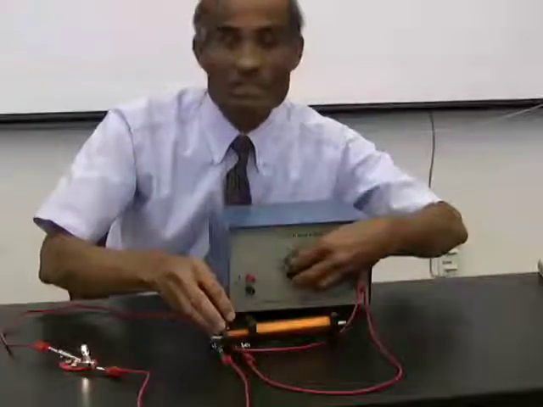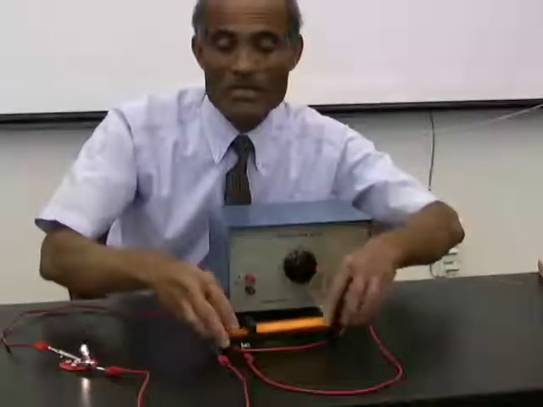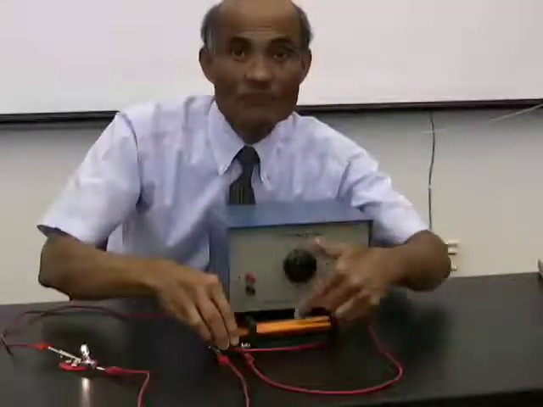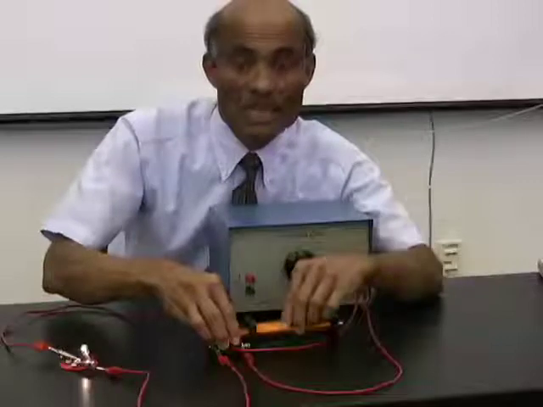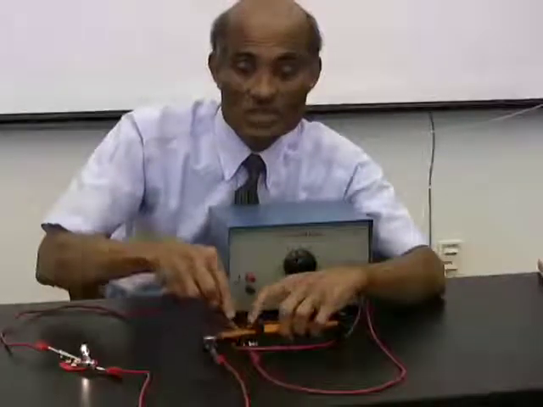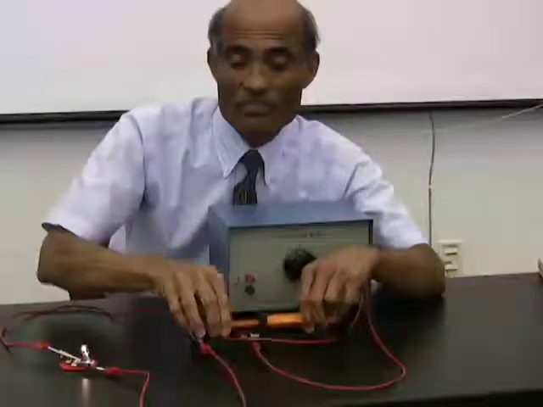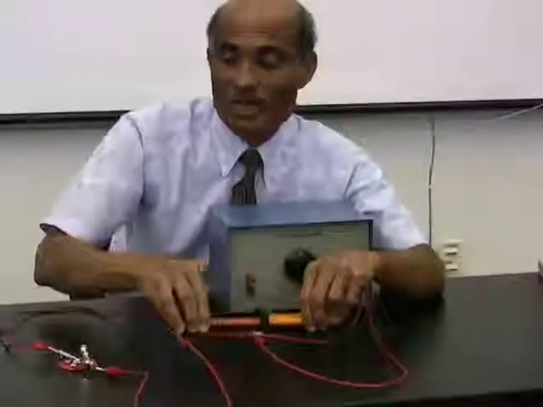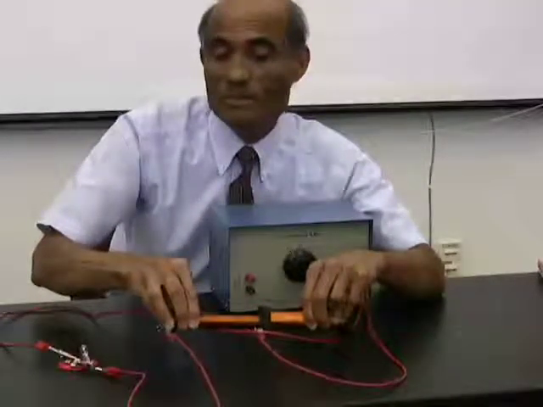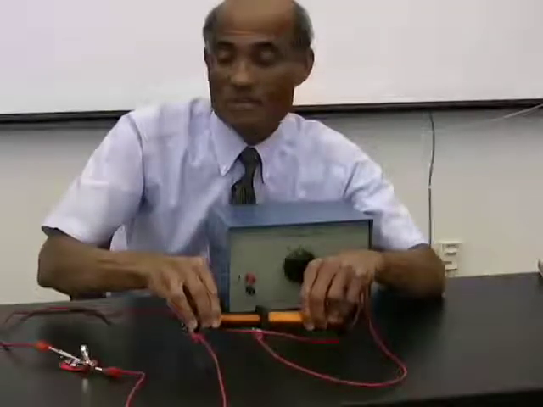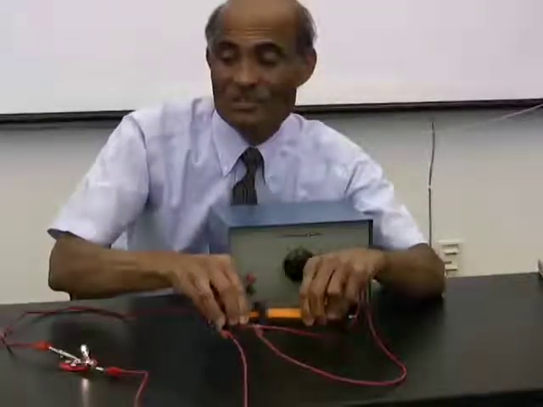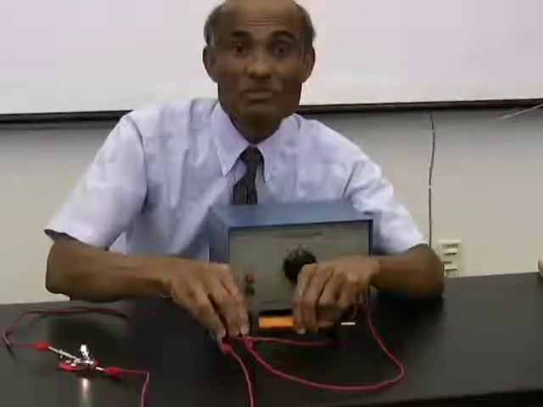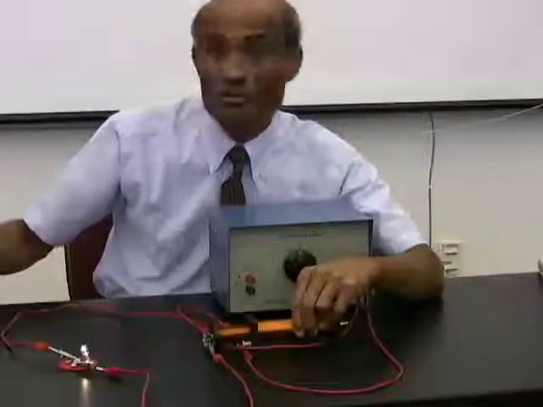The light bulb is lighting up. That means the continuously changing magnetic field produced by the AC is actually inducing an EMF. You see, this is not connected to the power supply. And you can see if I withdraw it, the magnetic flux linked with that coil decreases and the induced EMF also decreases. Now, this is the principle of a transformer.